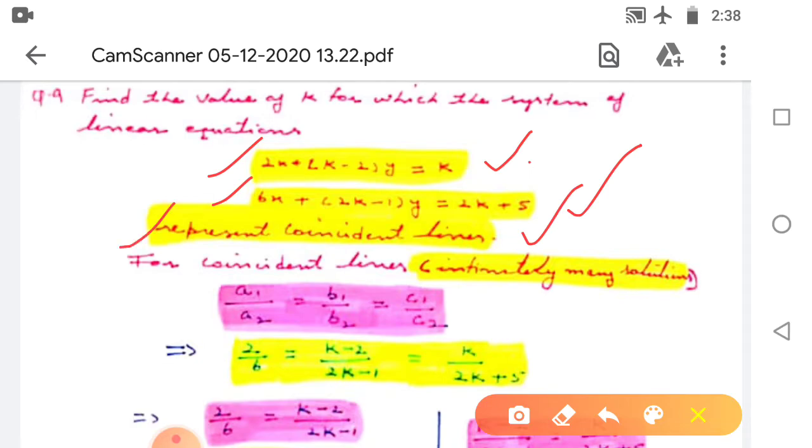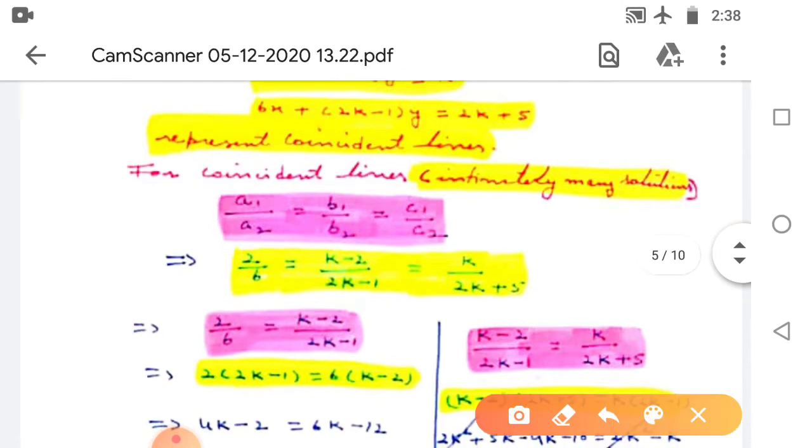Clear? So here for coincident lines, it means for infinitely many solutions. For infinitely many solutions, we know the condition, that is a1 upon a2 is equal to b1 upon b2 is equal to c1 upon c2.